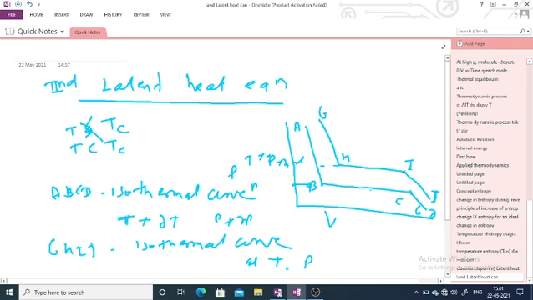Connect these two points. Suppose this is C and this is BH. Now we consider a unit mass of the substance undergoing the phase transition. Now the cycle is not a Carnot cycle.